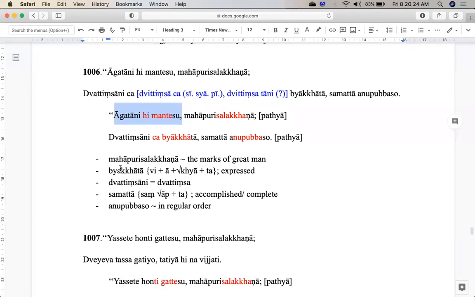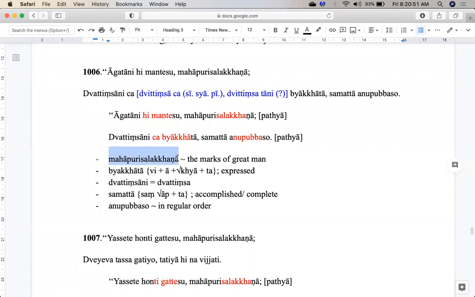Mahaburisa lekhana: Maha is great, burisa means man, great man. Lekhana is characteristic, marks or sign. So the marks of great men, or the marks for great men. That is a plural form. The marks of great men have come.